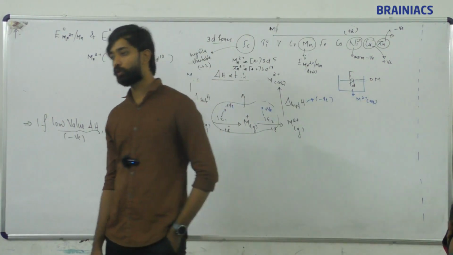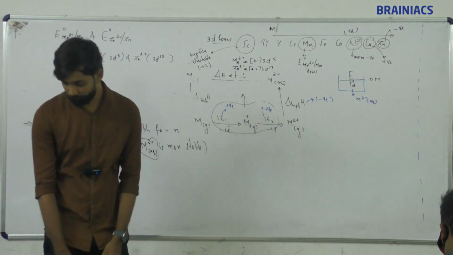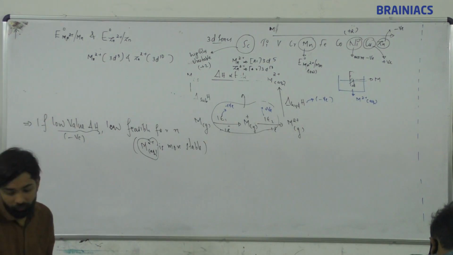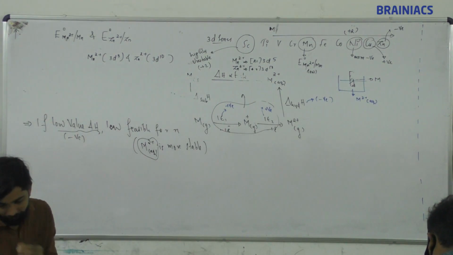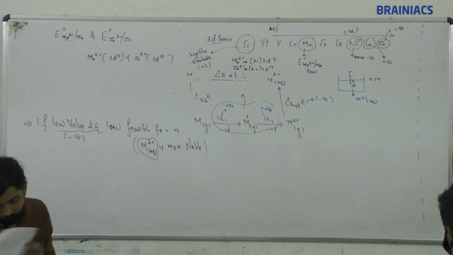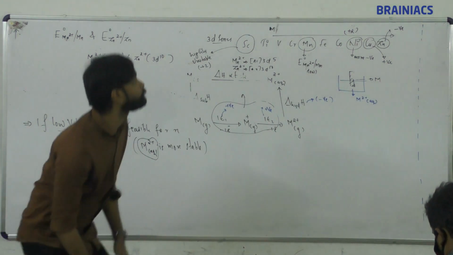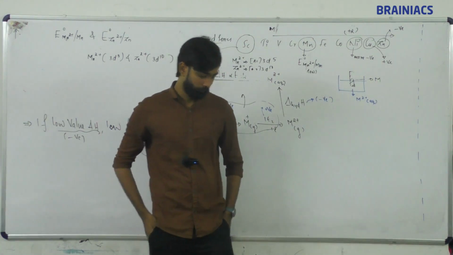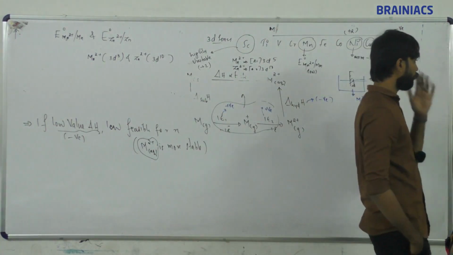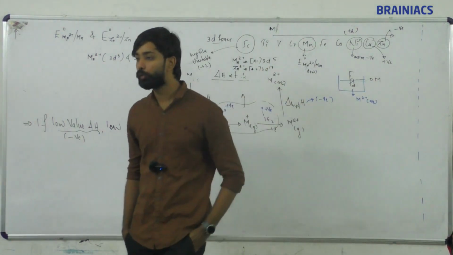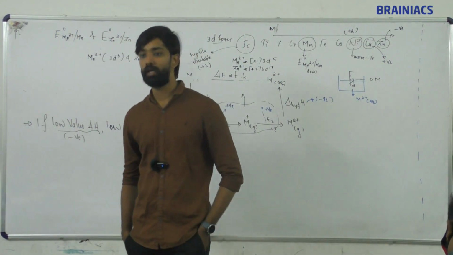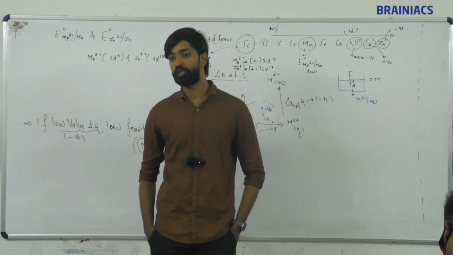Next one: E0 Ni2+/Ni is low, in bracket more negative, due to a large negative hydration energy.